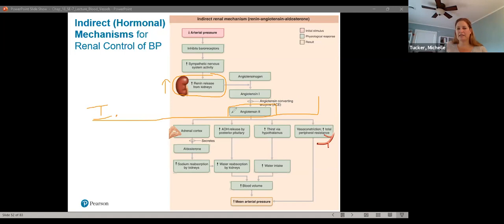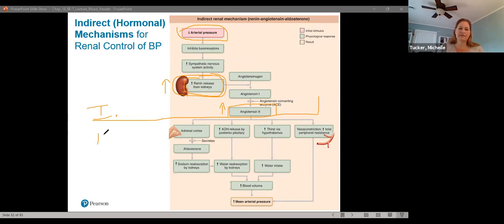ACE converts it to angiotensin II. Do you need to know the whole cascade? No. What you need to know is a decrease in pressure stimulates the kidneys to increase renin production. When you increase renin, there is a cascade of reactions that results in an increase in angiotensin II.